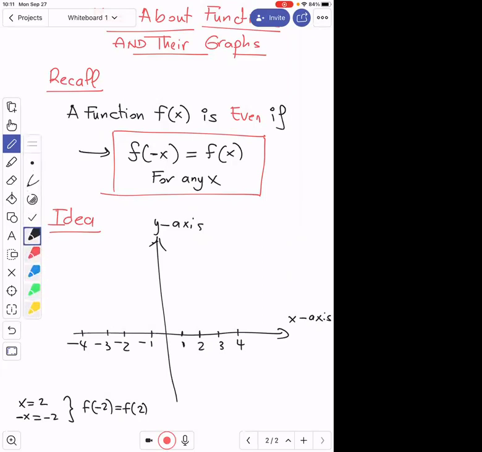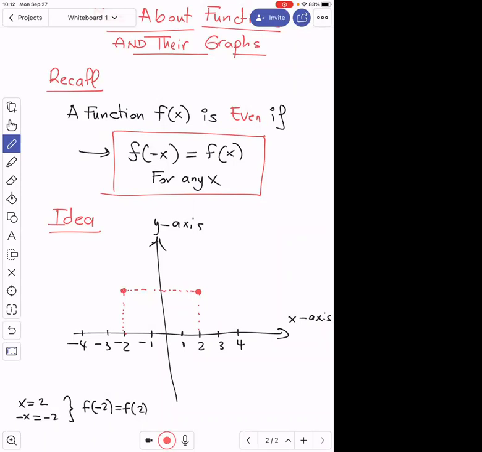In other words, in your graph, let's say this point right here is f of 2. Then x equal to -2 has the same image, so f of -2 is going to be the same. We're going to have the same output y.